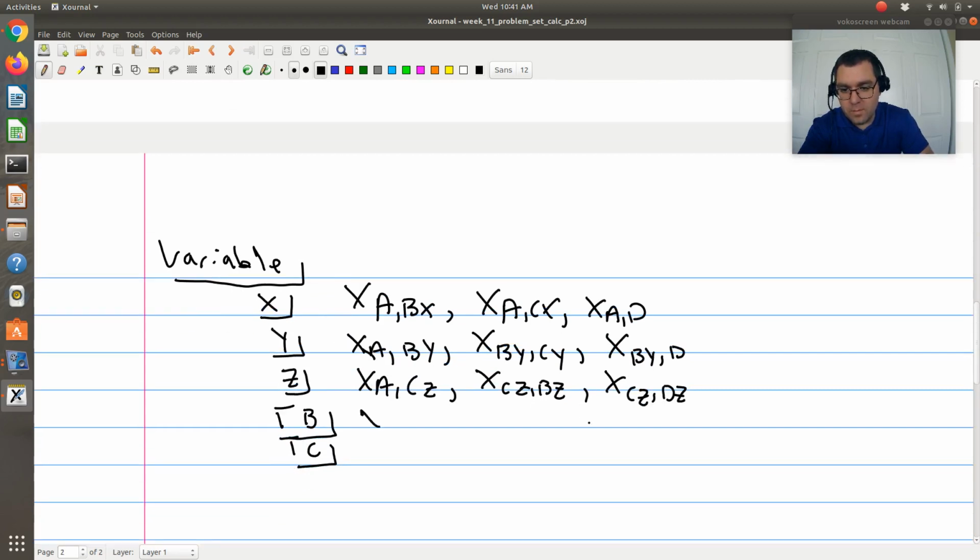But in transfers in B, I can go from X to Y, I can go from X to Z, and I can go from Y to Z, okay, and then I need to get the reverse.